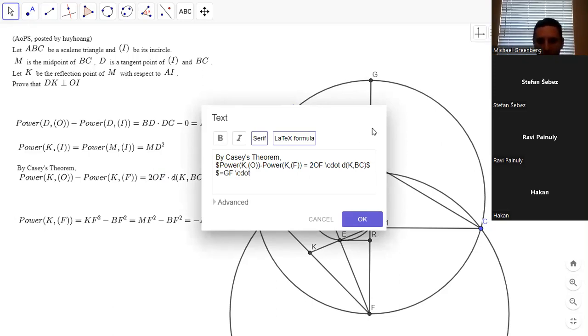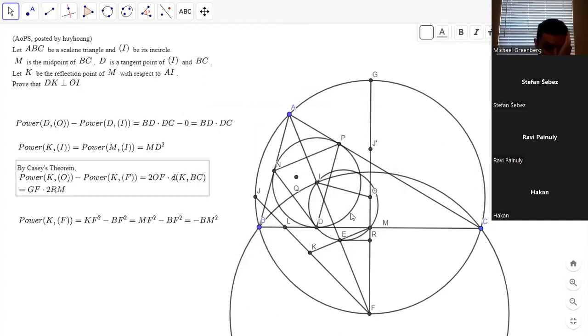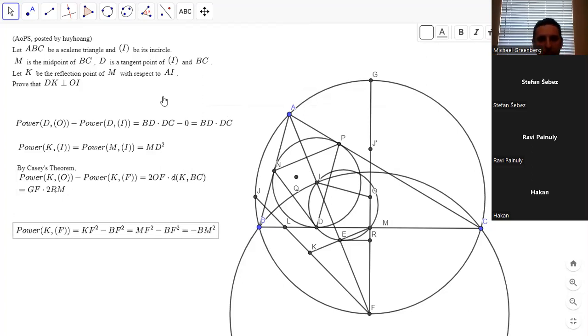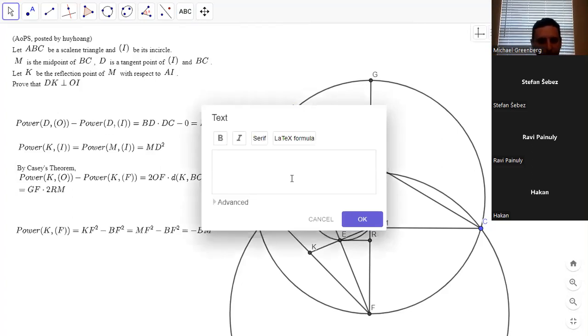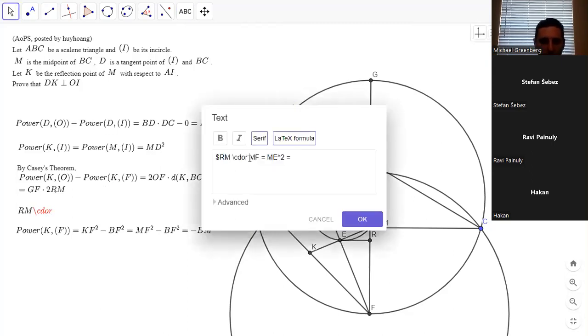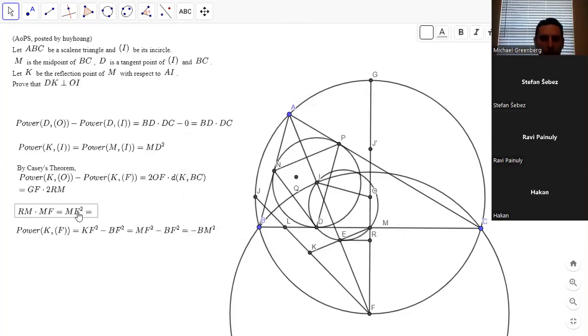So I'll write it like this. That should be GF times 2RM. And then we have RM times MF is ME squared. So that means RM is ME squared over MF.